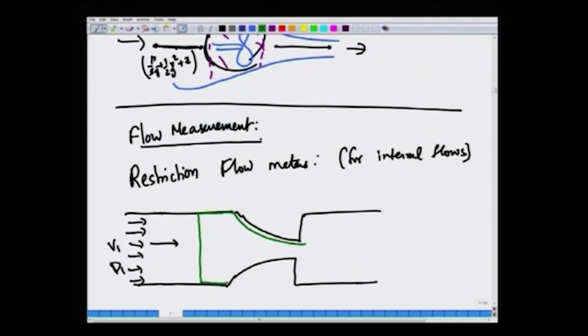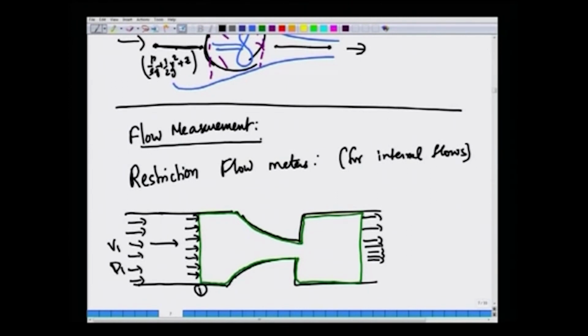It adjoins the cross section of the flow meter very closely. This is my CV. So fluid is coming into the CV at station 1, and it is leaving the CV at some other station. Now that is the CV that we are going to work with.